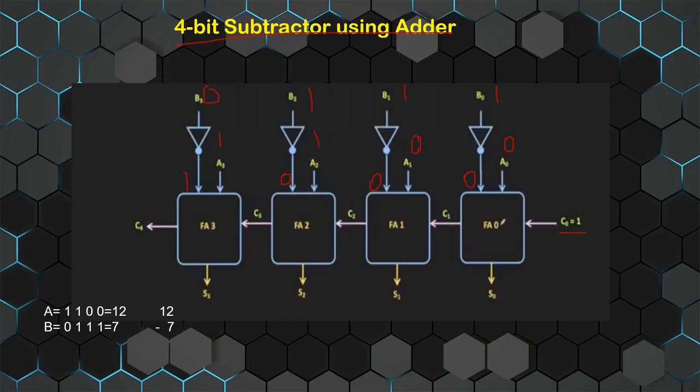We have to perform the addition using the adder circuit. So 0 plus 0 is 0, 0 plus 1 is 1, so carry will be 0. 0 plus 0 is 0, 0 plus 0 is 0, so carry is 0.